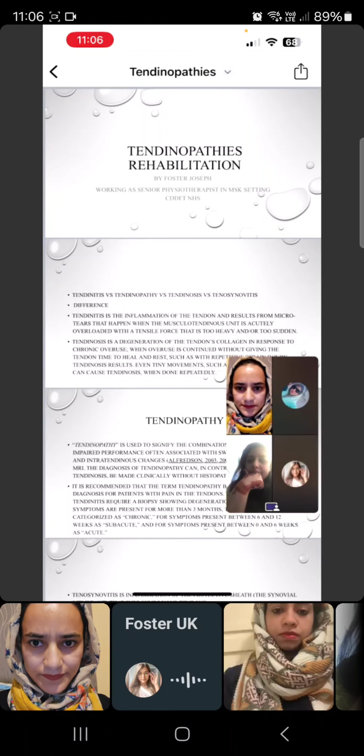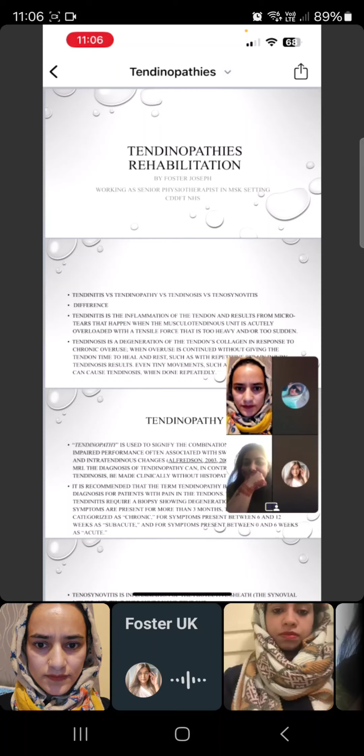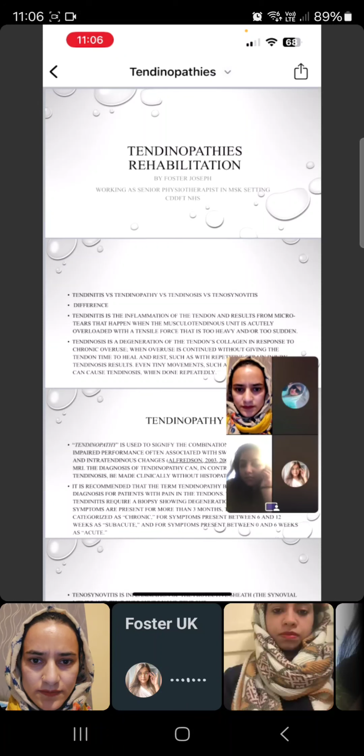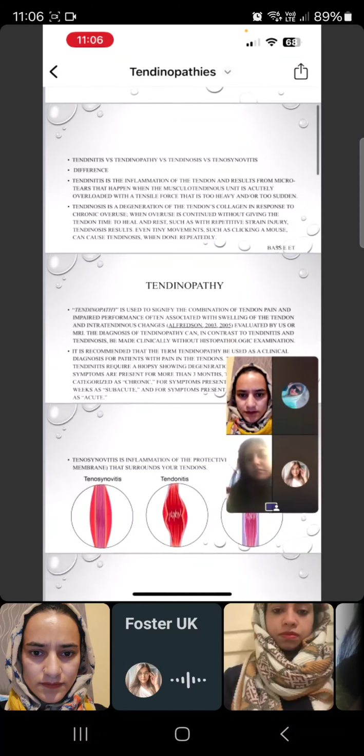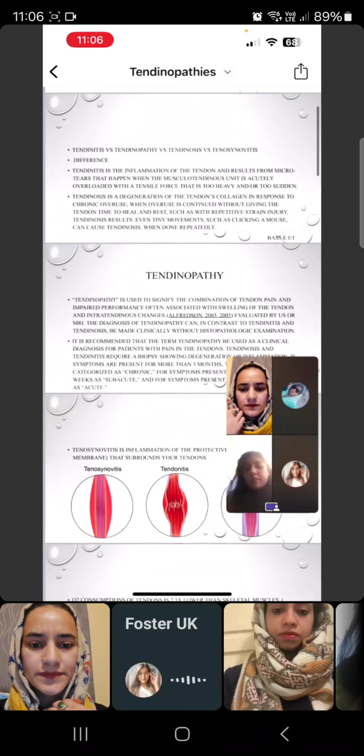So today we are going to talk about tendinopathy rehabilitation. As we have discussed, what is a tendinitis versus tendinopathy, a tendinosis, and tenosynovitis.